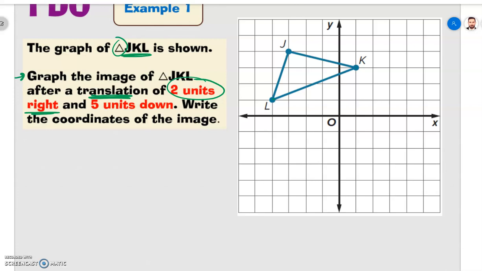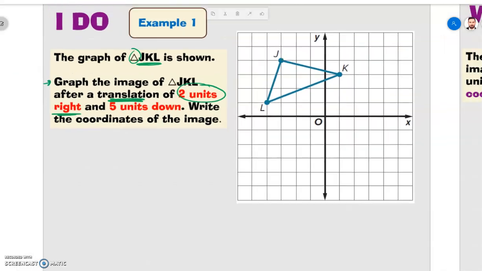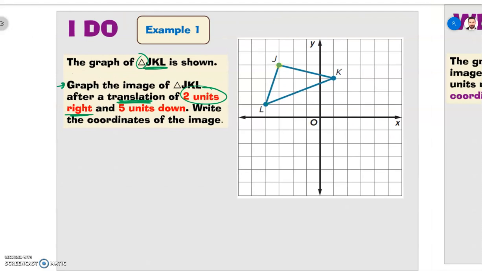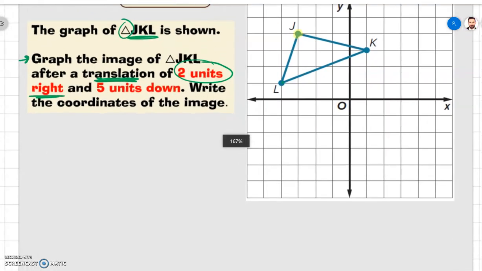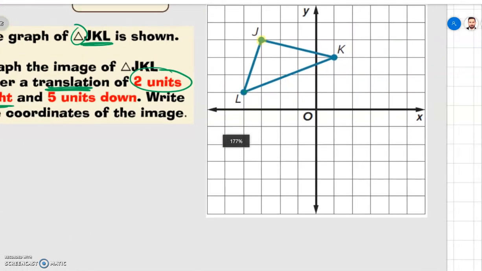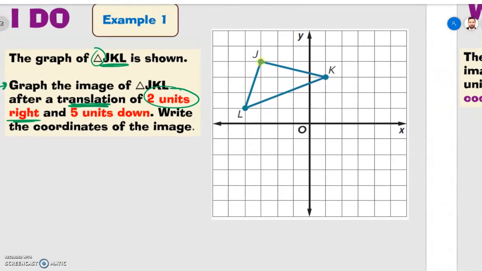Let's see how I can start my answer. First of all, I will translate each point. Let me write it in a highlighter here. For example, you can start with K, you can start with L. I will start with J. Point J, starting how many units right?